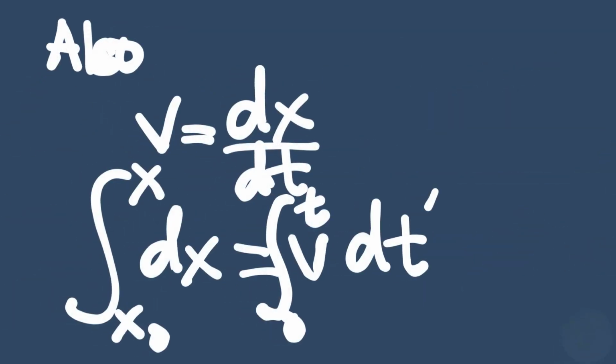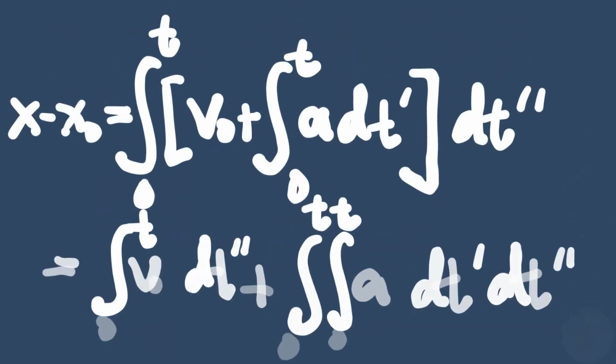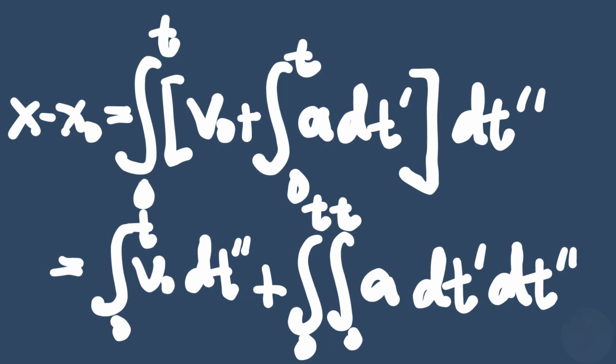Now, to solve for the position, recall that from the definition of velocity, which is v equals the derivative of x, being the position, we can again cross-multiply this expression and integrate to yield x minus x sub 0 equals integral of the expression v0 plus integral of a dt prime times dt double prime.